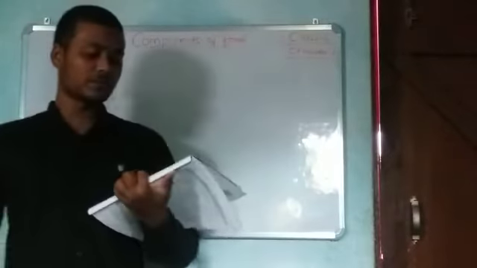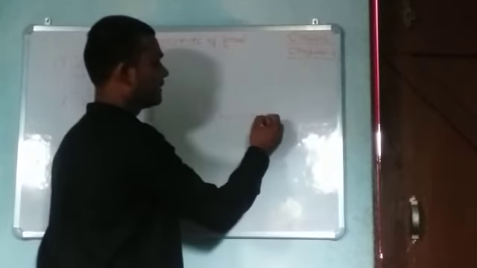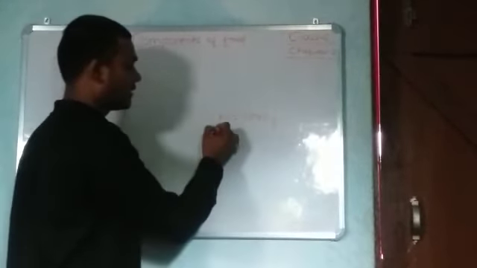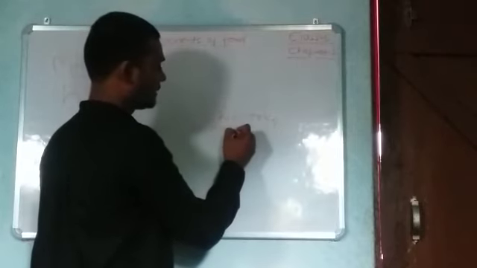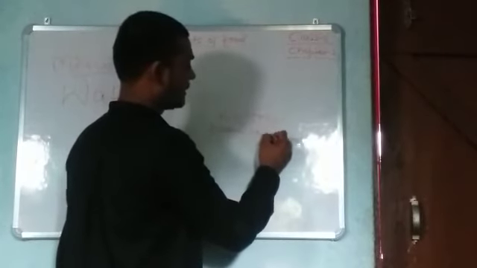Next is water. We know that water is very important for us. We all know about water. See, water makes up 70% of our body weight. If our body weight is 100 kg, then the water present in our body is around 70 kg.